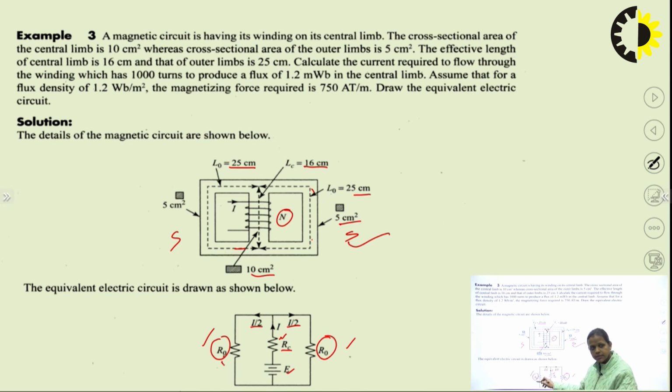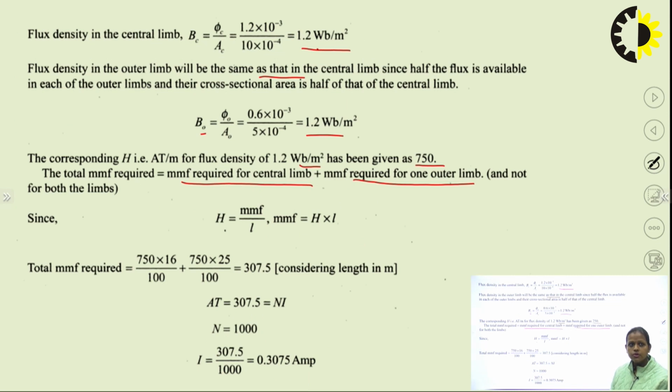Either you will consider this loop or you will consider this loop. Only one branch will be considered along with the central one. In a similar way, in the magnetic circuit also, with the central limb, you will consider any one outer limb.